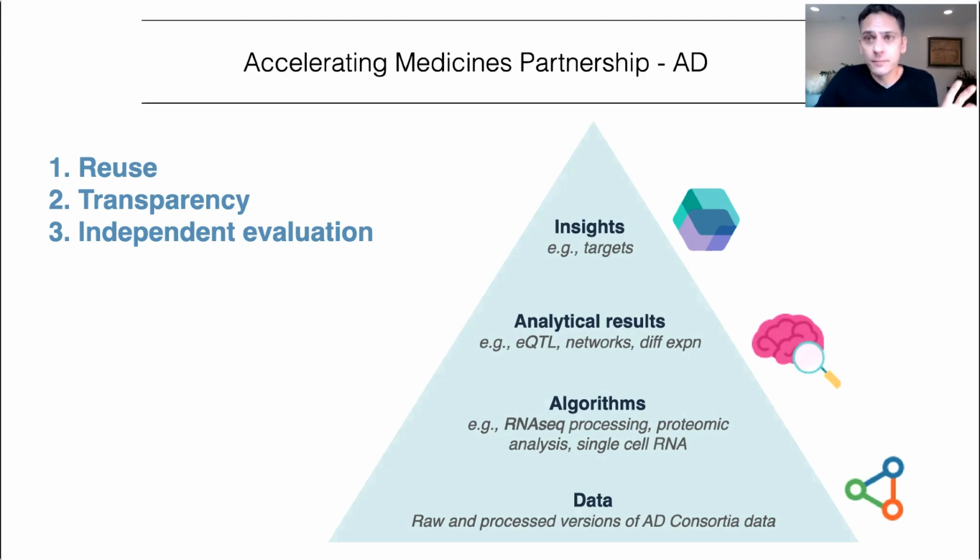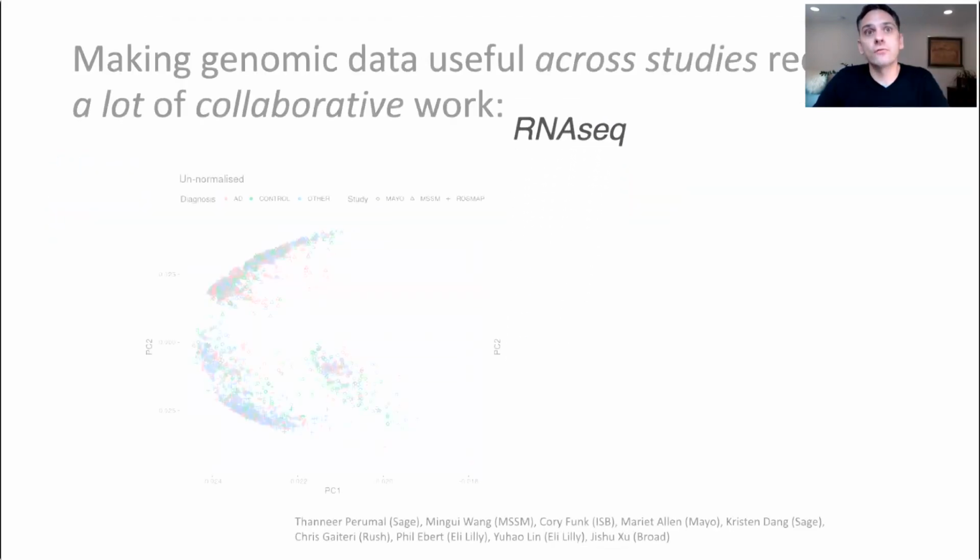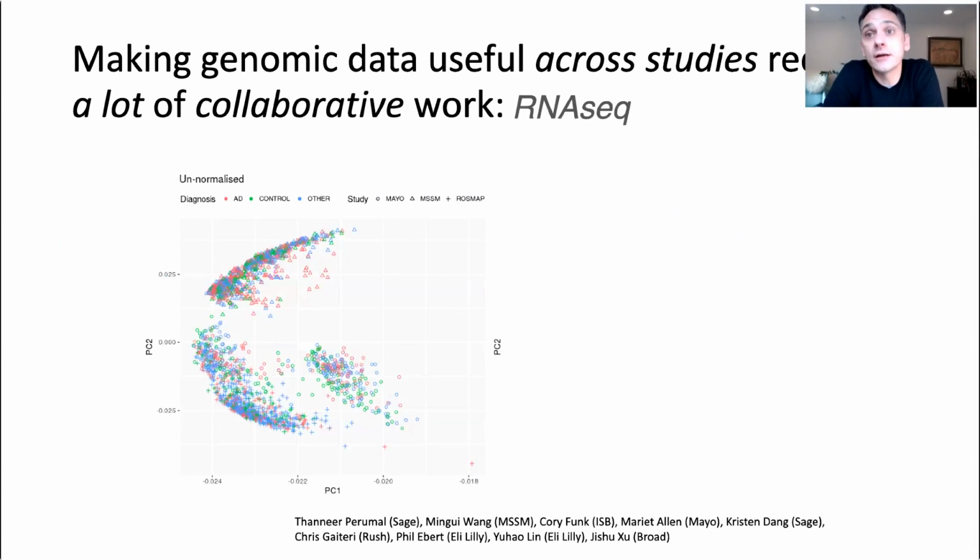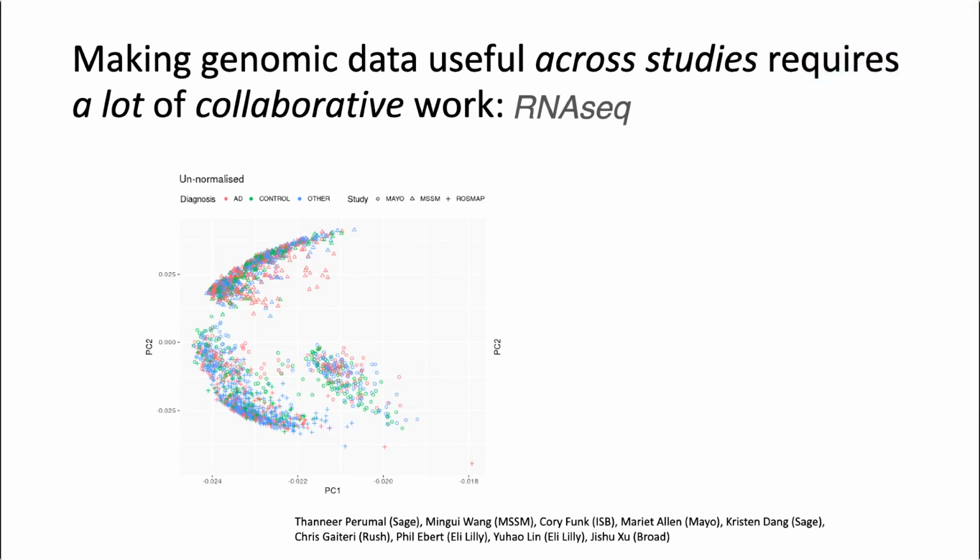Now, I'm going to talk about a specific example within this, which is basically an effort and a model for how we work together, looking at an RNA-seq analysis that was done within the AMP-AD consortium. The AMP-AD was formed with 6 different academic groups. Now it's significantly larger than that, but there were multiple groups generating the same kinds of data: RNA-seq on postmortem brain samples.